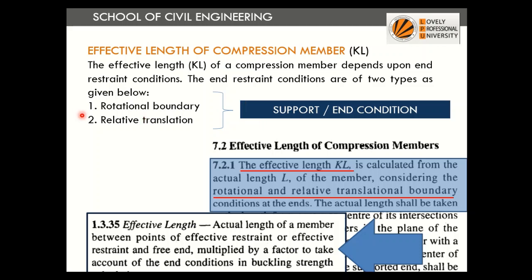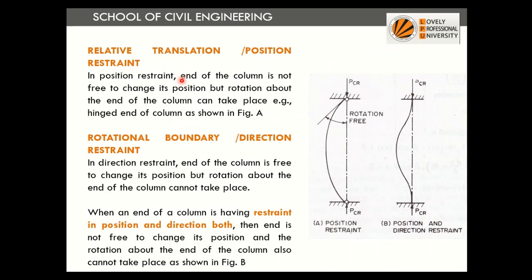There are two types of end restraint which we will discuss: one is rotational, the other is translation. These are the definitions of effective length, which is given in clause 7.2, and this definition is given in 1.3.35.